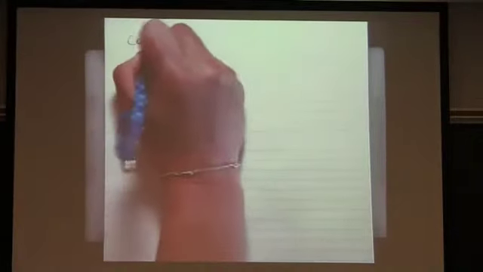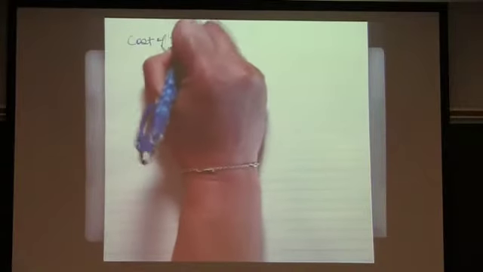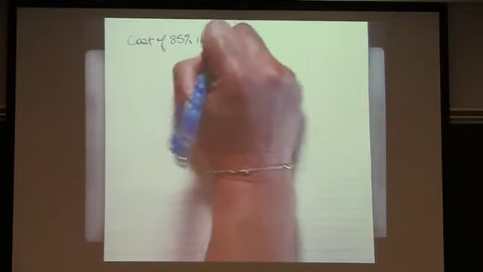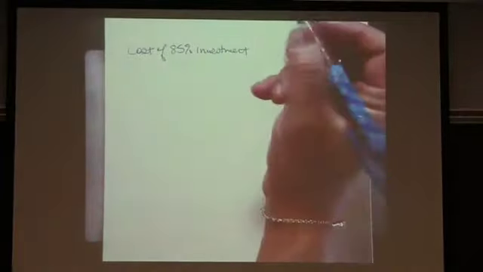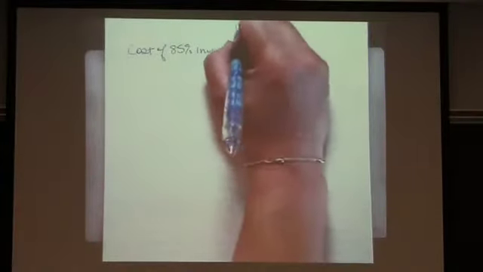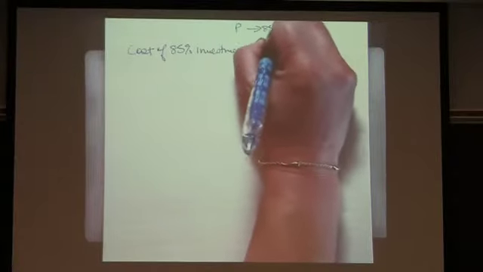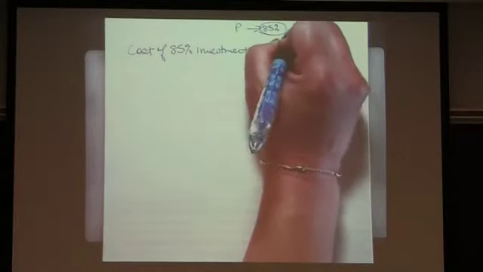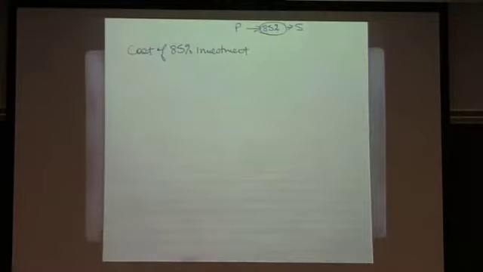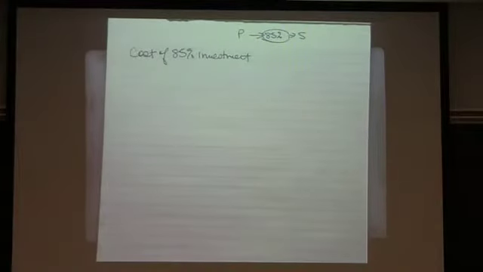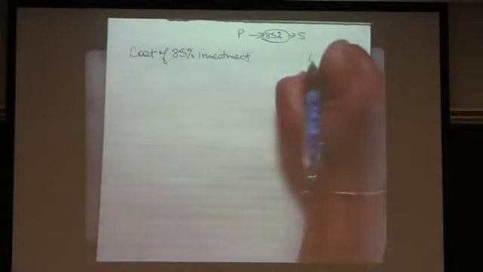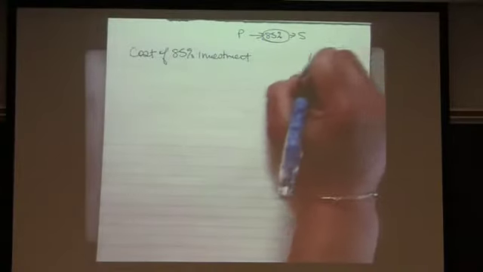So cost of 85% of the investment. And I always like to indicate that P bought 85% of S, just as a constant reminder that that's the ownership structure. And this is for $646,000.